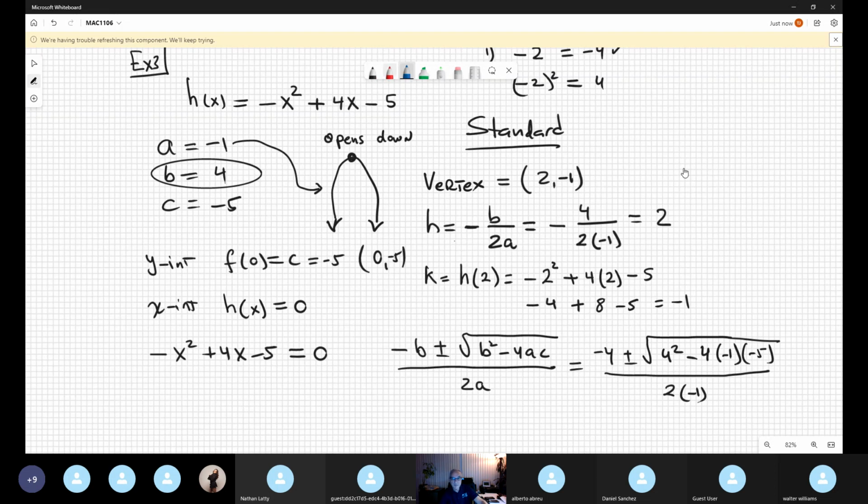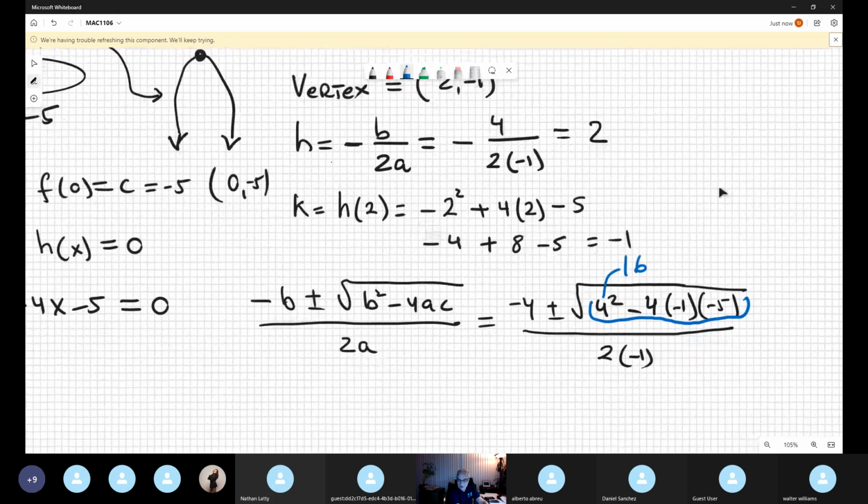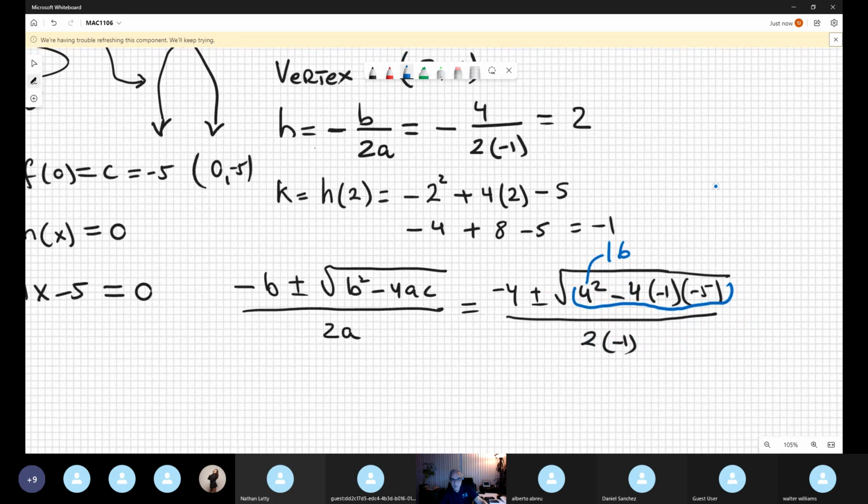Remember, always we focus on this expression. And 4 squared is 16. But be careful, we have a lot of negatives in this problem. We have 3 negatives: 1 negative from the formula and 2 negatives from A and C. Three negatives is negative. Negative 20.